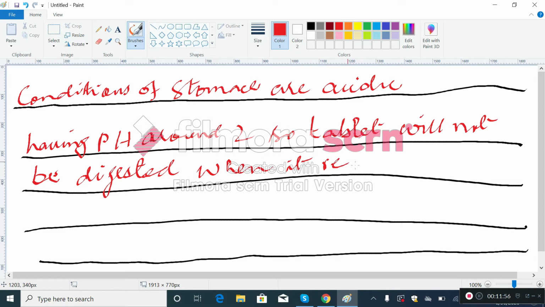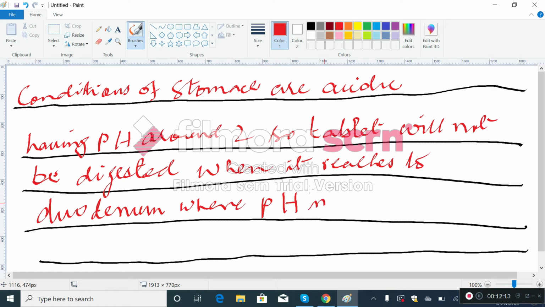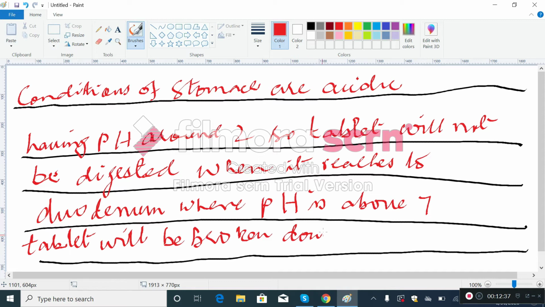When it reaches the duodenum, where pH is above 7, the tablet will be broken down to release its contents. So this is the answer you have to write against this question.